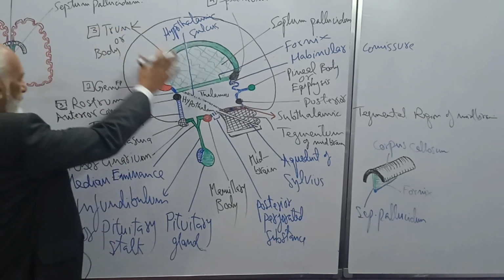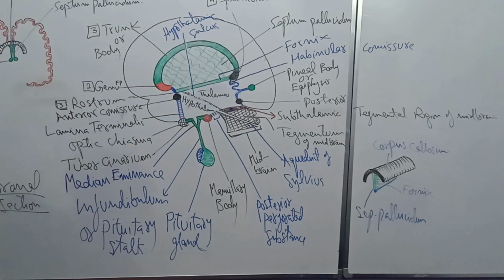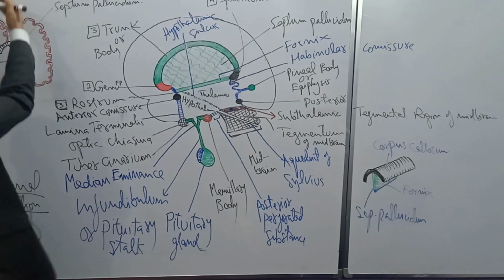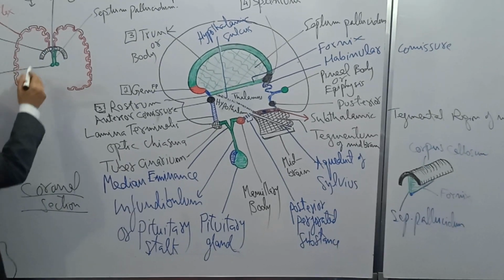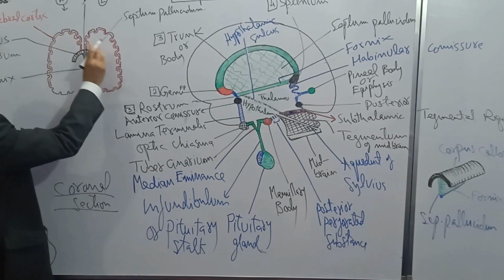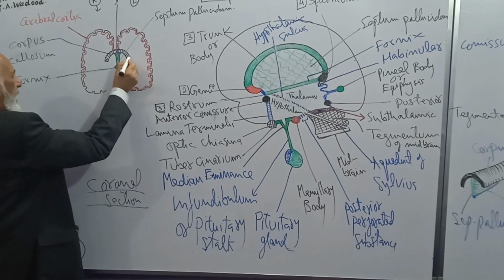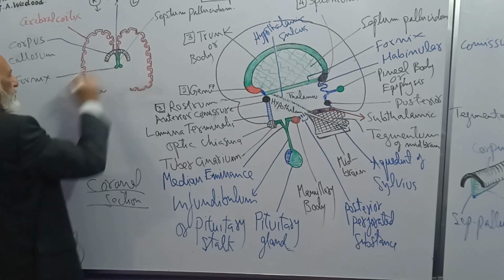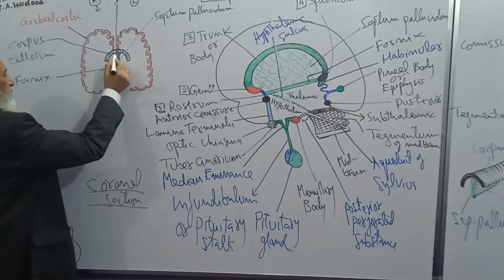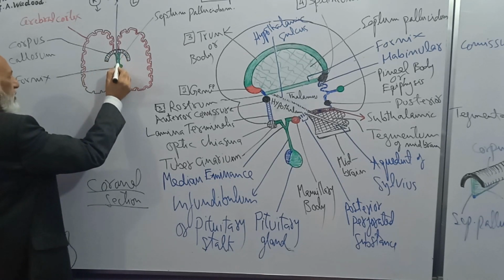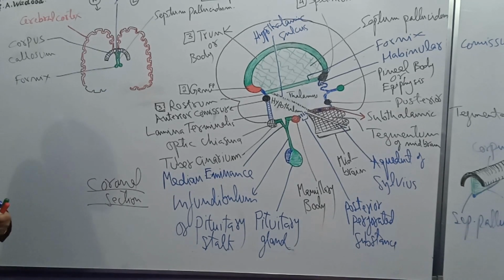So these were the features in the longitudinal section in the middle line. Now, if you cut a coronal section, this is the right cerebral hemisphere and the left cerebral hemisphere. Then you can see the corpus callosum having an upper surface and a lower surface. From the middle of its undersurface, you can see the septum pellucidum comprising two laminae.